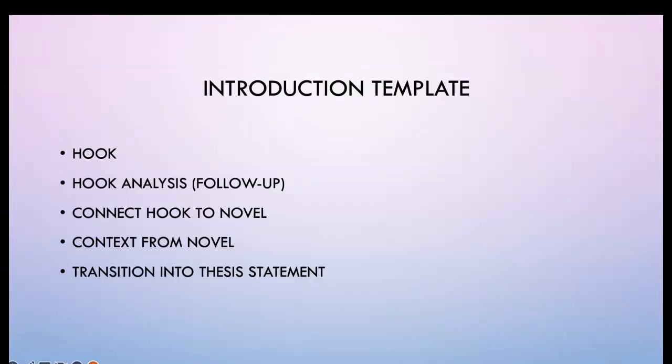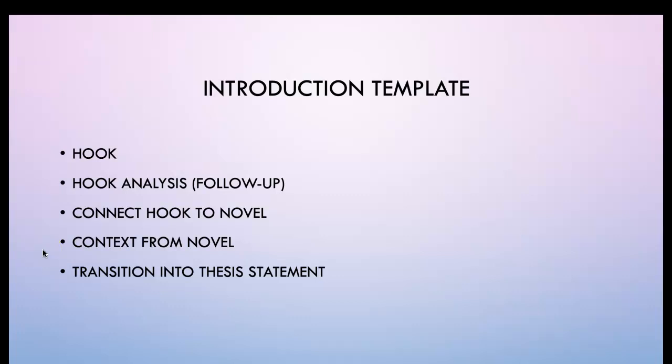I have a few templates to share with you in case you're very formulaic about how you're going to write the paper. You can see these templates in your outline as well, but here's what it would look like. So the introduction. Here are the 5 parts of the introduction. You have a hook, a follow-up to the hook.